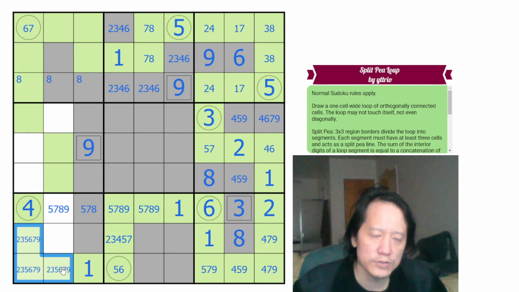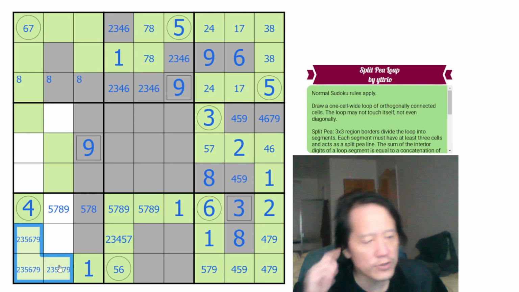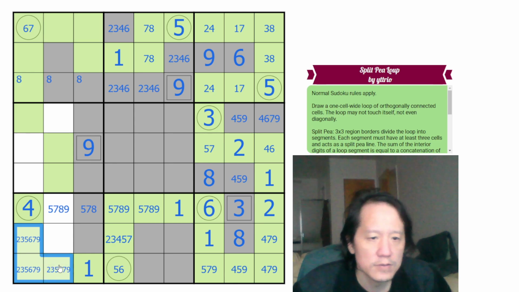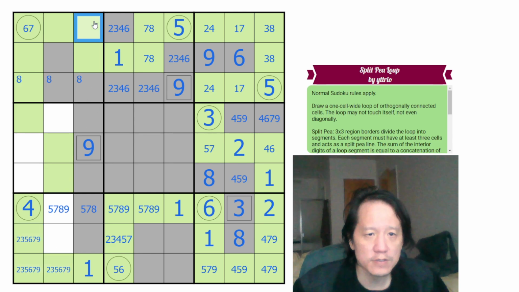Interesting. So this is 2, 3, 9, which would add up to 14, 2, 5, 7, or 3, 5, 6, and then no other combination is allowed. This can't be 1, obviously. This can't be 1 anymore. So none of these are 1.